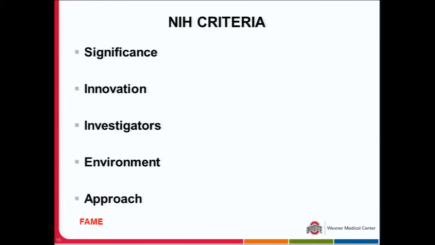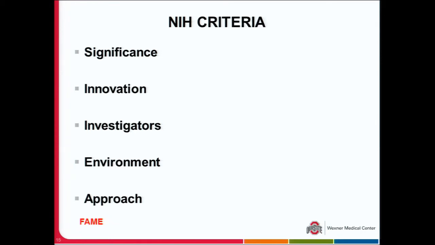And your approach, are you going to ask a question that you can actually accomplish, with the resources and the investigative resources at your institution? If you're going to do massive parallel sequencing, do you have a source that is actually going to be able to do that for you? So there are some practical aspects.